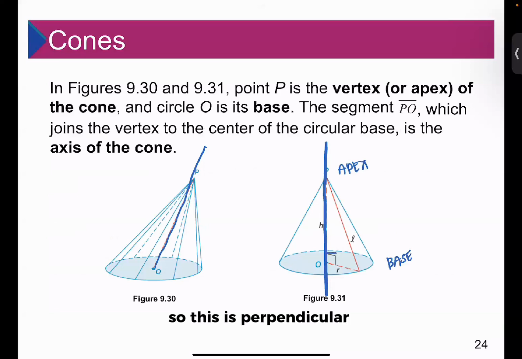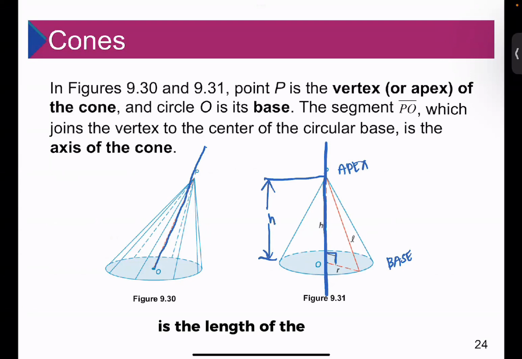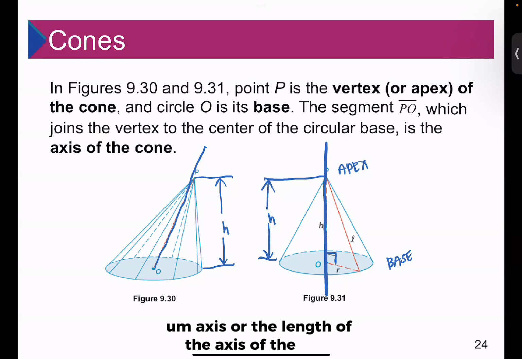So this is perpendicular, making it a right circular cone, and the height of this cone is the length of the axis of the cone. Oblique cones would also have heights, but it is not the same as the length of the axis of the cone.